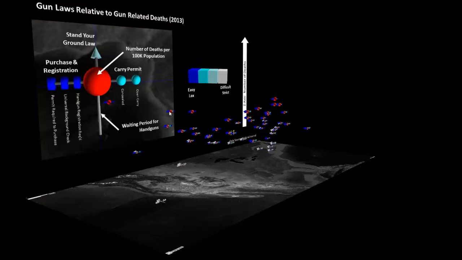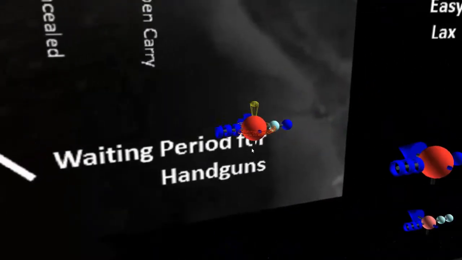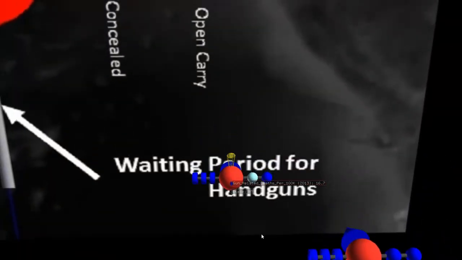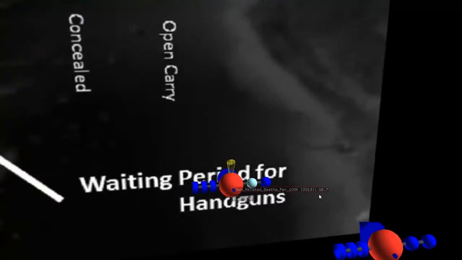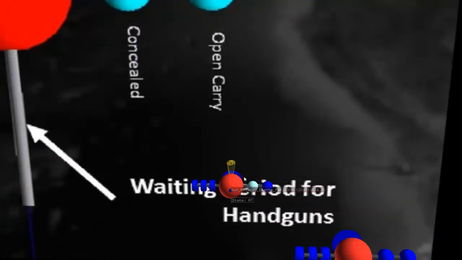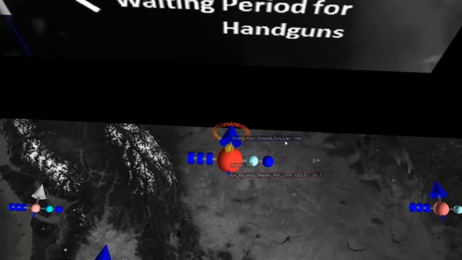So as I zoom in on one particular glyph here, we can see a variety of data about what's happening. In the state of Montana, there were 16.7 gun deaths per 100,000 population. And we can see that in Montana, there is a stand your ground law.